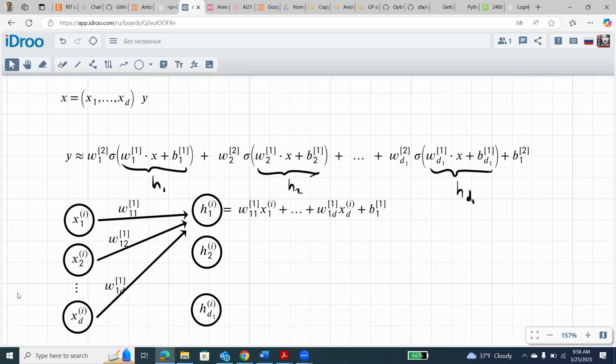So this is just the visual illustration of my formula for H1. Do you agree that this is just an illustration of H1 as the dot product between X and some vector W1 plus bias?